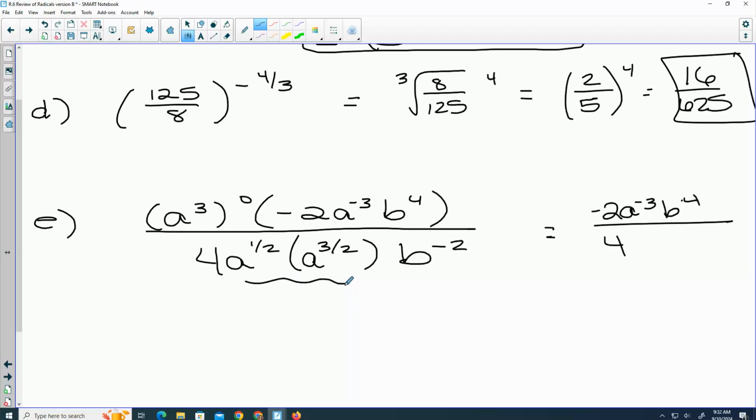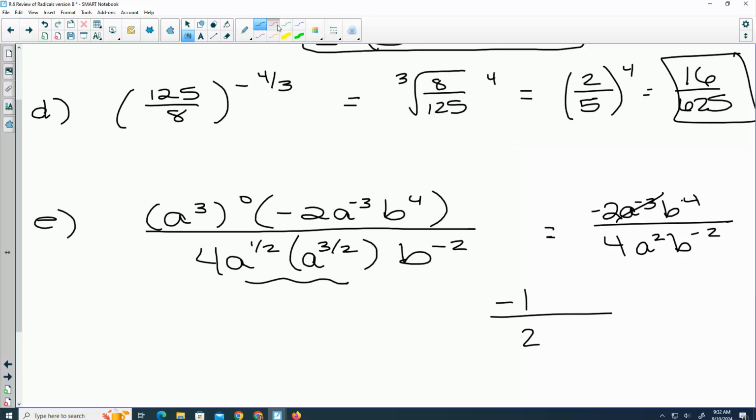Do we add or multiply? Add. 1/2 plus 3/2 is? Now we reduce. -2/4 would reduce to -1/2.